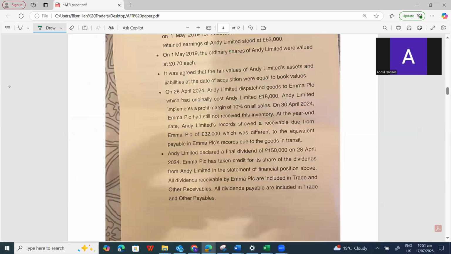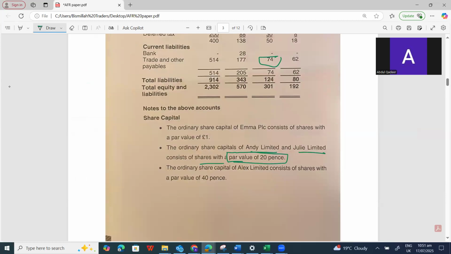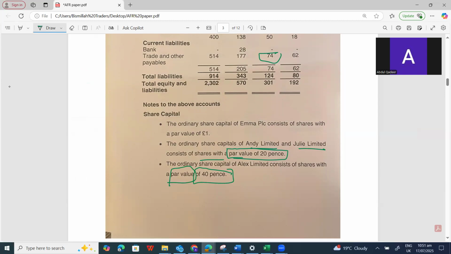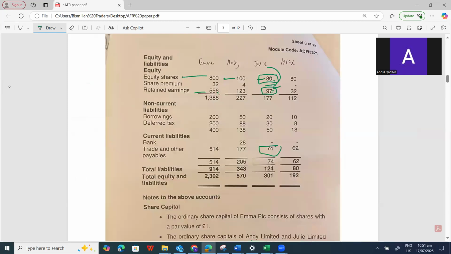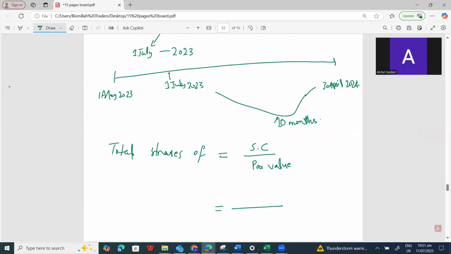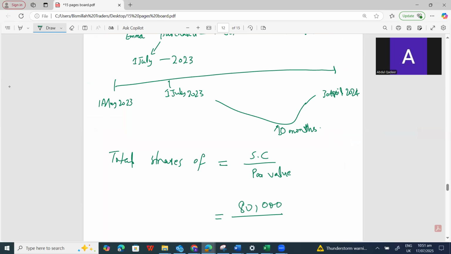The par value is 40 pence for Alex Limited, and the share capital of Alex is £80,000. £80,000 divided by £0.40 comes to 200,000 shares.